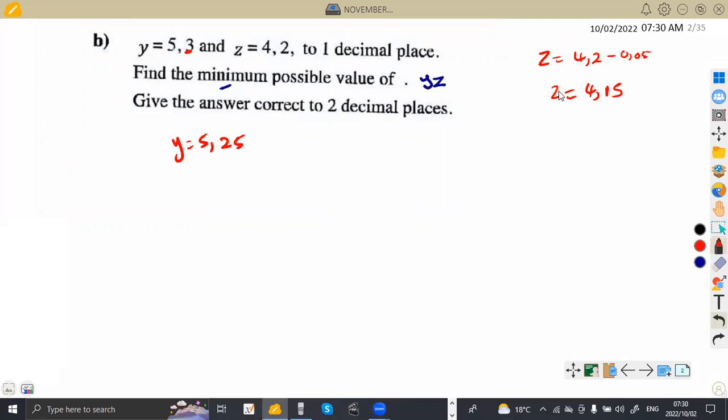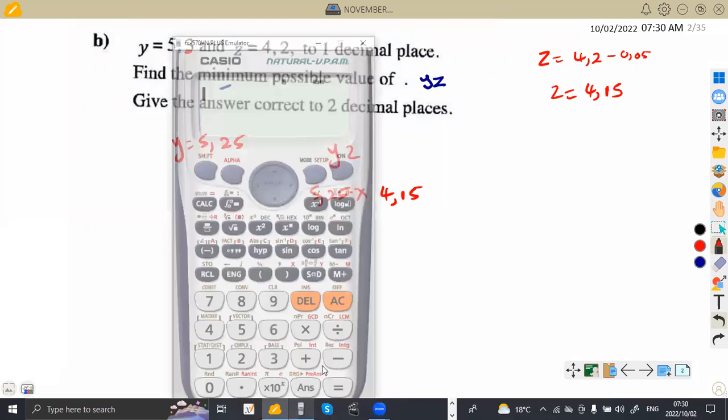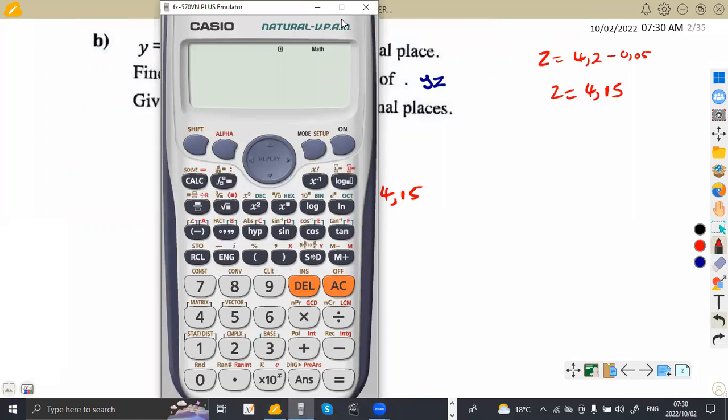Okay, so that is what you're going to have in this case. Is that so, guys? This is what you're having, 4.15, yeah. Okay, then the product of the 2, y times z, is going to be y, which is 5.25, multiplied by z, which is 4.15. Plus, this is paper 2, guys, we can be assisted with our calculator also.